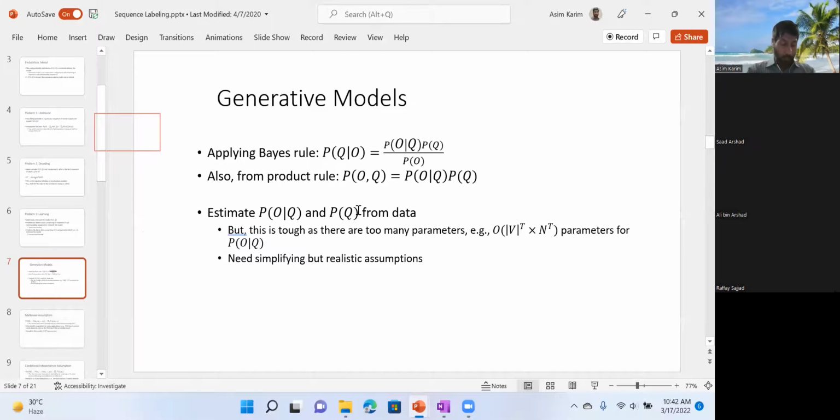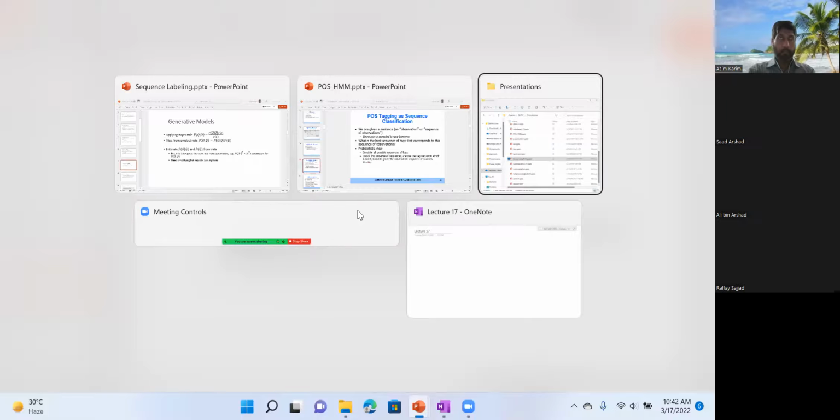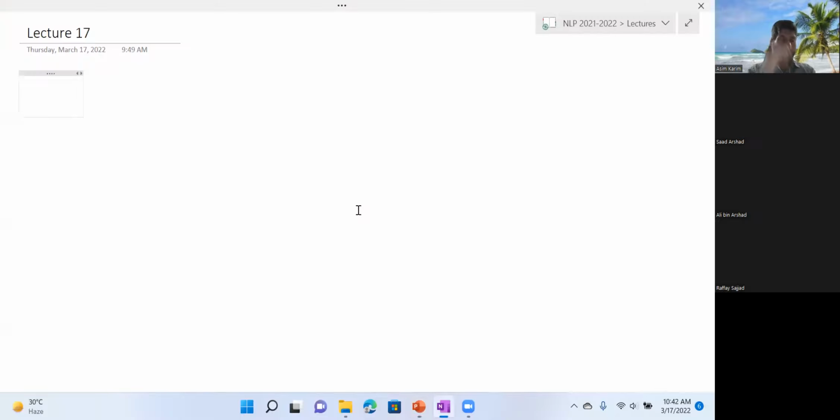So let me now move to my notes. Any questions so far? So, probability of O and Q. This is a joint over O, which is what?